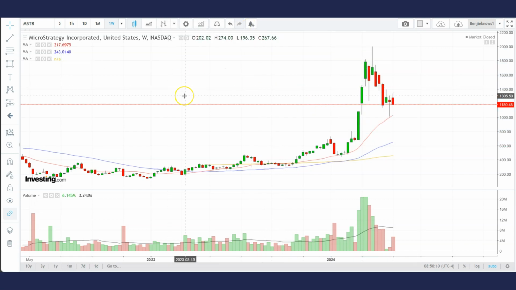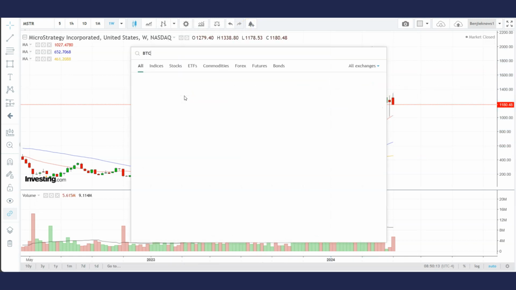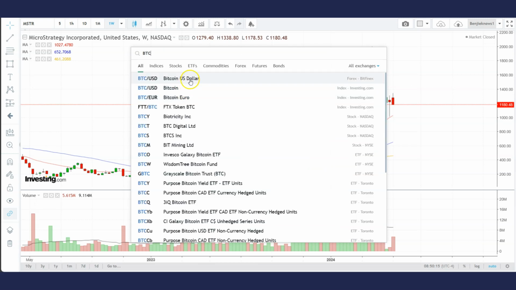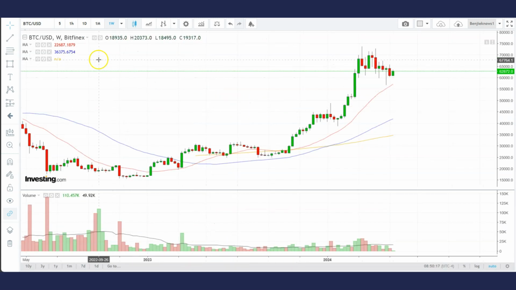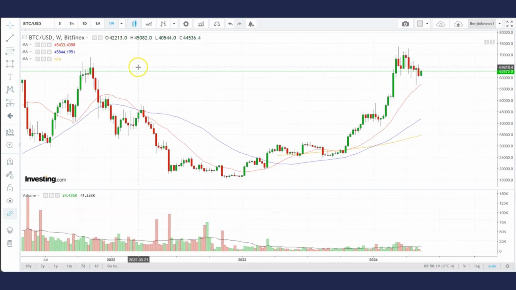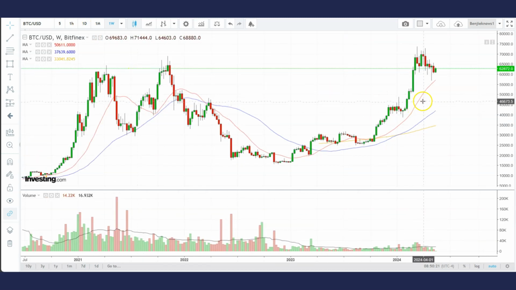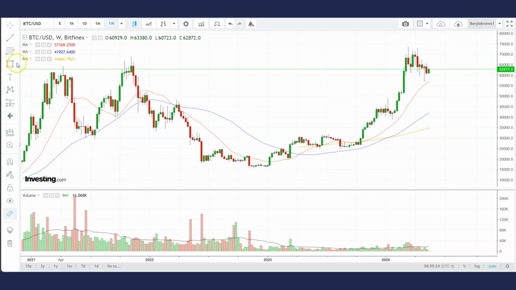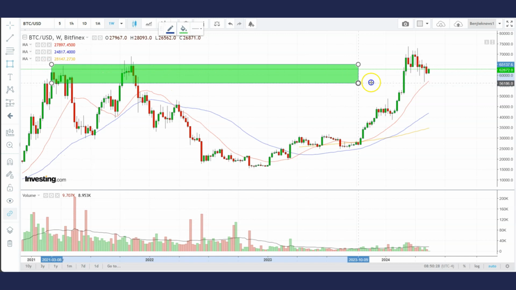Now let's take a look at Bitcoin. It's very important for MicroStrategy traders to look at Bitcoin. Now Bitcoin weekly chart, we have a very strong support area here.